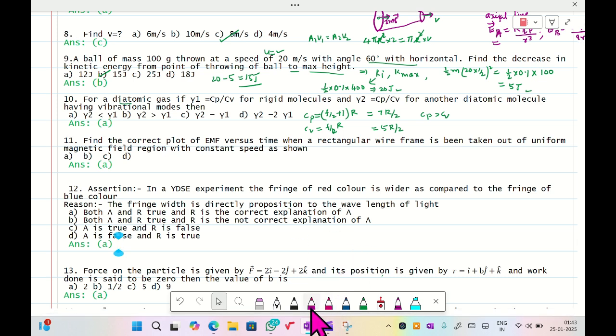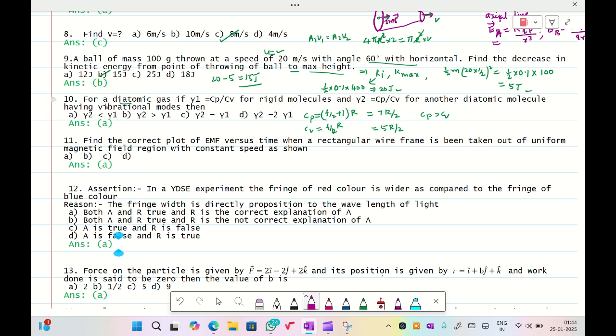So now if you see, y1 is given as Cp by Cv, and y2 will also be Cp by Cv, and this is a rigid molecule. For rigid molecules, the number of freedoms is 5 for diatomic gas.